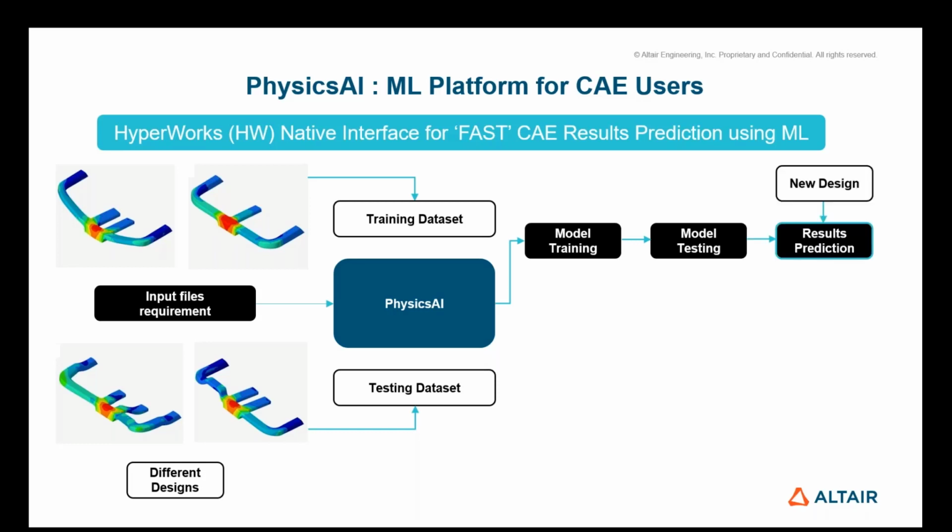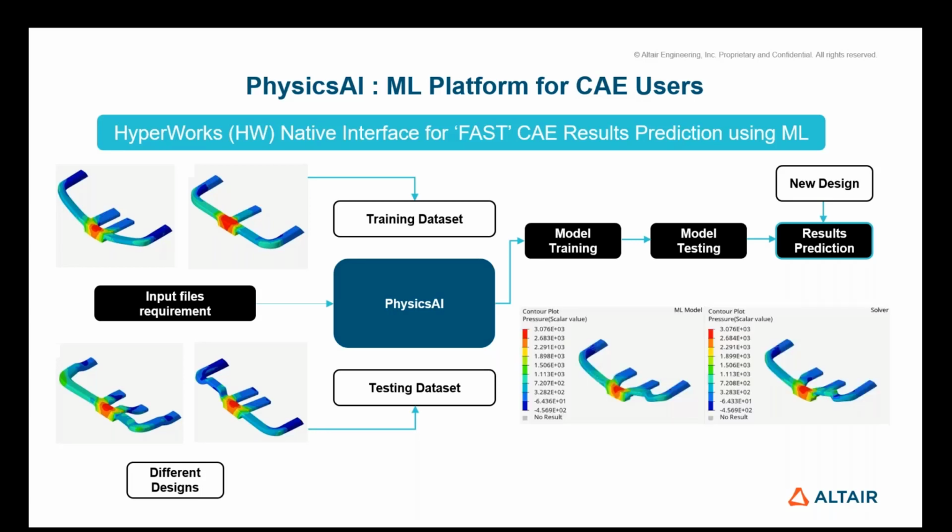So once you have tested your model, you can give a new design either on CAD or on mesh, and you'll be able to get the predictions from physicsAI. This is how the prediction will look. You have an ML model trying to predict not just the absolute values, right? If you are familiar with Knowledge Studio or RapidMiner, you know that you're always predicting an absolute value, just elemental stress or a deformation or a pressure.